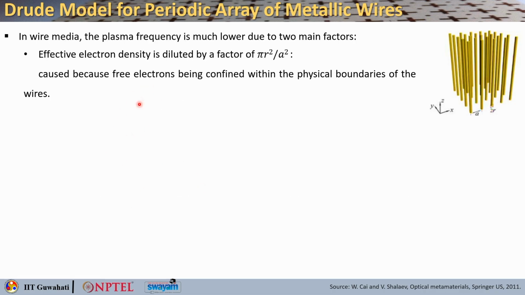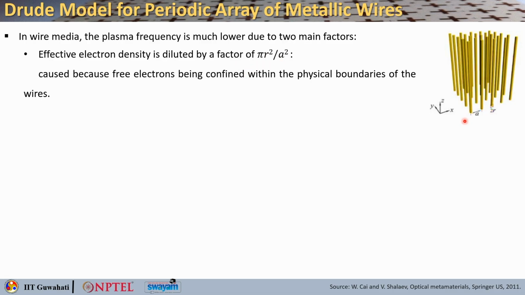In such a wire medium the plasma frequency is much lower compared to normal metal, mainly because of two factors. The first is that the effective electron density is diluted by a factor of pi r square divided by a square.